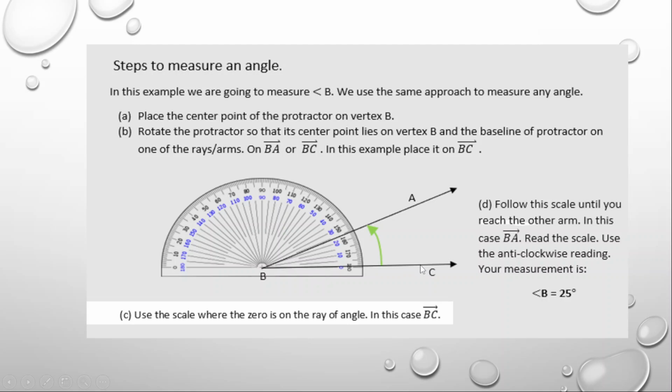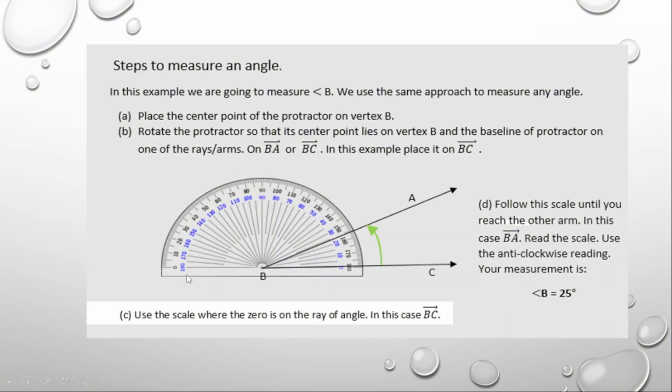So you take your protractor and you place it on this angle. You rotate the protractor so that its center point lies on vertex B. You can see there, it lies on vertex B. And the baseline of the protractor is on one of the rays.